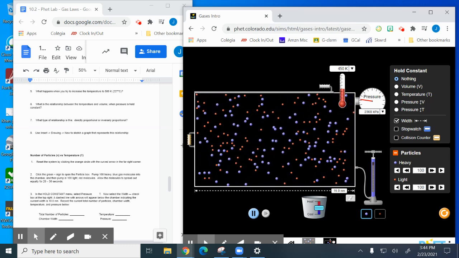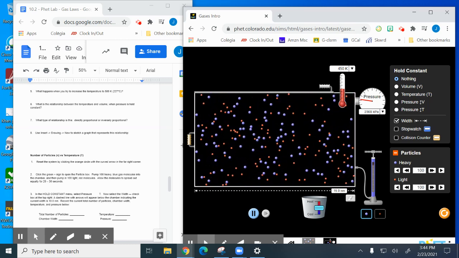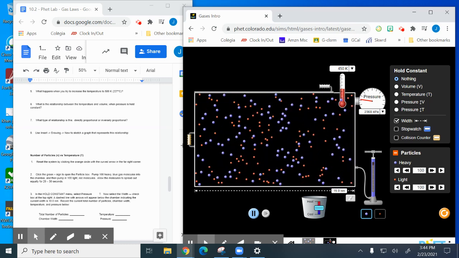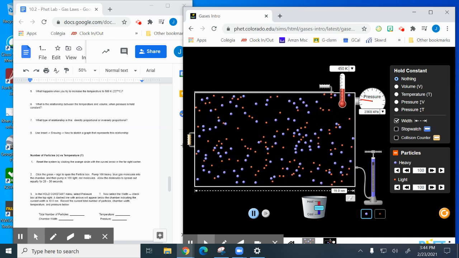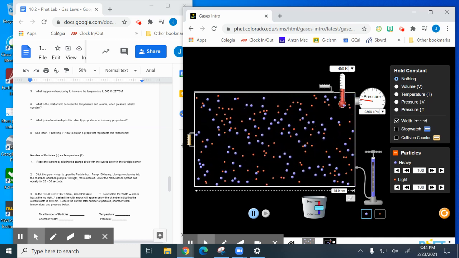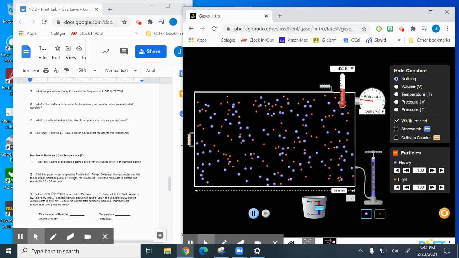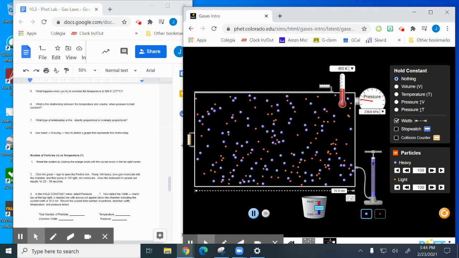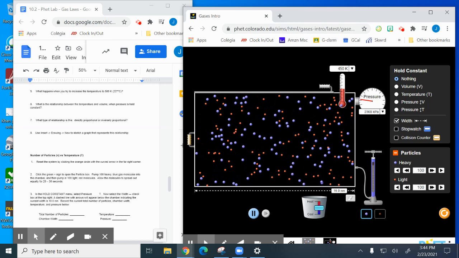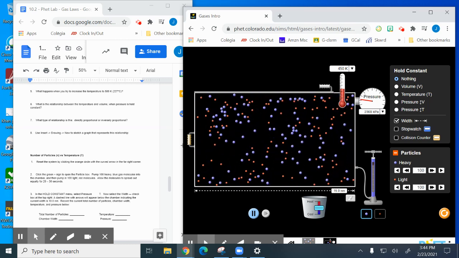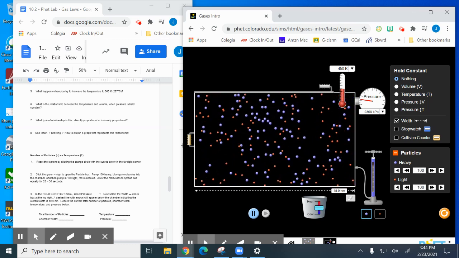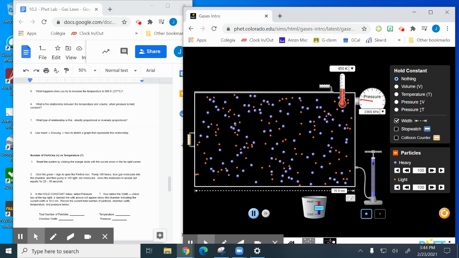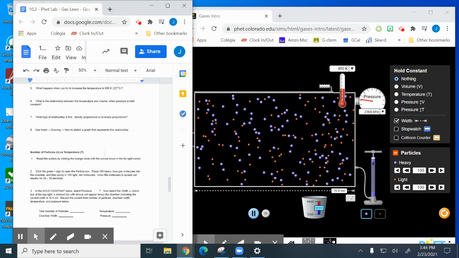So the relationship between the temperature and the volume, if you hold the pressure constant: if you want the same pressure and you add energy, then you have to expand the box. You have to expand the volume. So what kind of relationship is that? If the temperature goes up, the size goes up. So that's proportional, right? Because they both go positive at the same time.